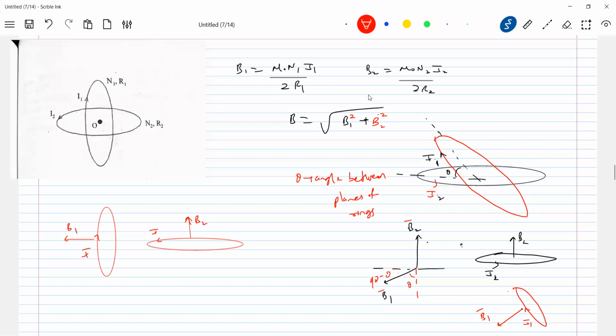So the angle between them is 180 minus theta. Then write the vector form, B1 square plus B2 square plus 2 B1 B2 cos of (180 minus theta), and solve the problem. So you should be very careful about the small ideas. These things we are going to use in mutual inductance when we go for the EMI chapter. So the resultant B bar formula should be B1 square plus B2 square plus 2 B1 B2 cos of (180 minus theta).